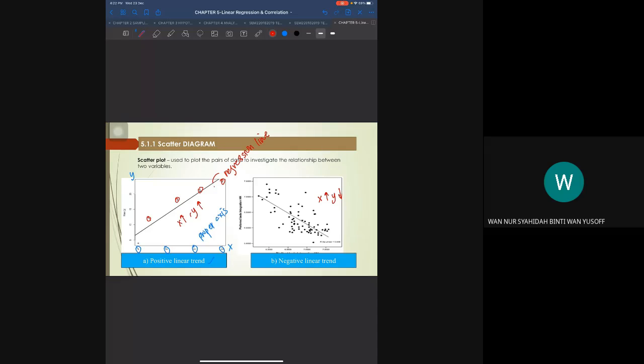If your data points are far from the regression line, you have a weak relationship. Why? Because when the data points are close to the regression line, your r will be close to 1, and r close to 1 means you have a strong relationship. It is quite impossible to get r equal to 1.